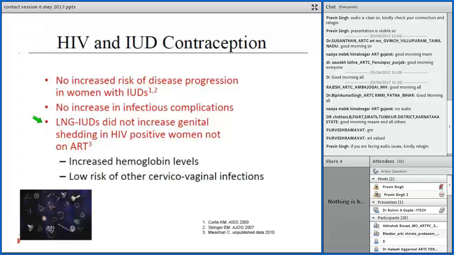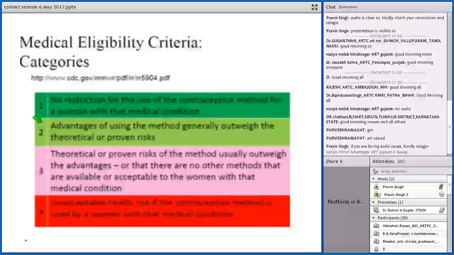So especially useful in anemic HIV infected patients. Also, they have not found any high risk of cervical and vaginal infections. Also, the cramping pain, which was one of the biggest side effects seen in IUDs with copper T's, is not there because of this progesterone release, which reduces the cramping.